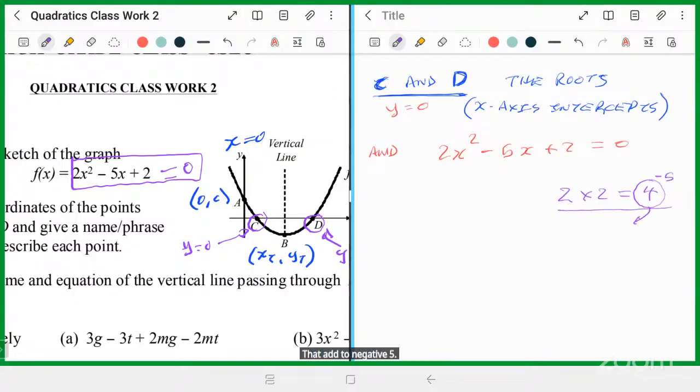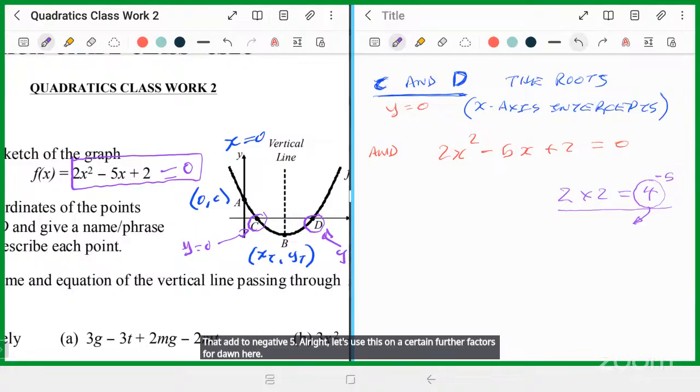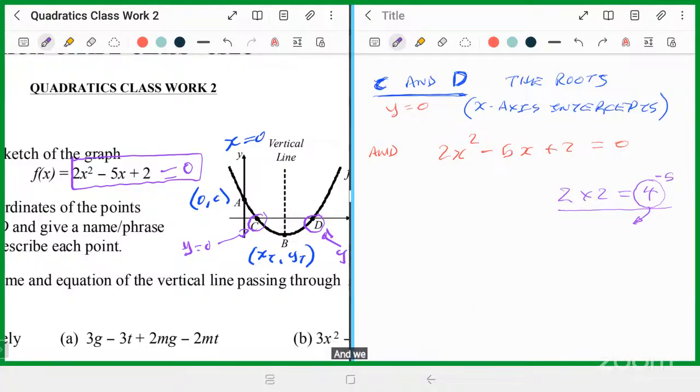Alright, we're searching for the factors of 4 that add to negative 5. Now, 4 is a positive number, and we want factors of 4 that add to a negative number. Factors of a positive number like 4 are either 2 negative numbers or 2 positive numbers. Since you want the sum of the factors to be negative, you have to use 2 negative factors of 4.